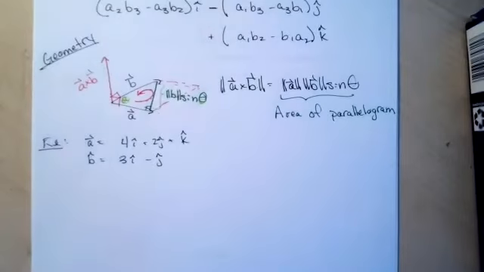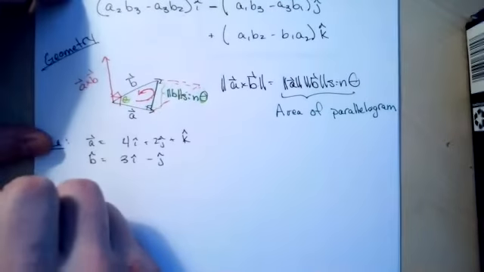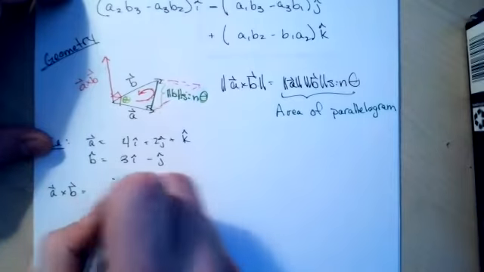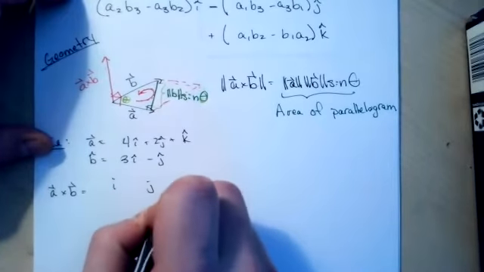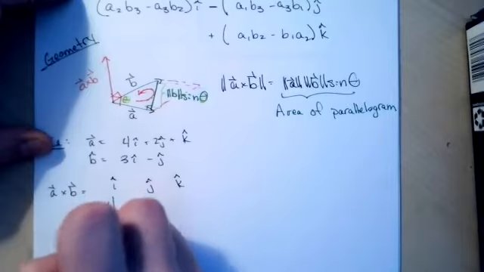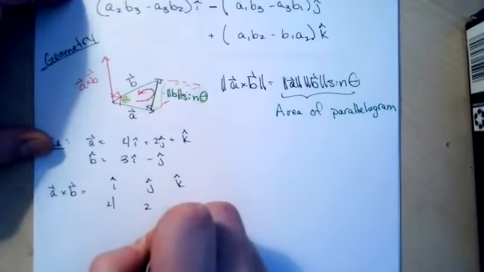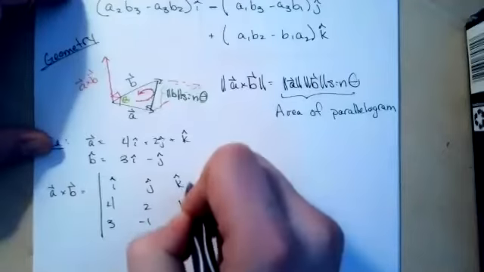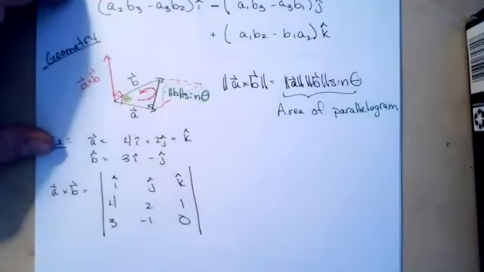We've got our two vectors here, and we want to compute A cross B. And so we set up our i, j, and k in the first row. And then we plug in our coordinates, our coefficients for A and B. And we want to do A in the middle row, B in the last row.